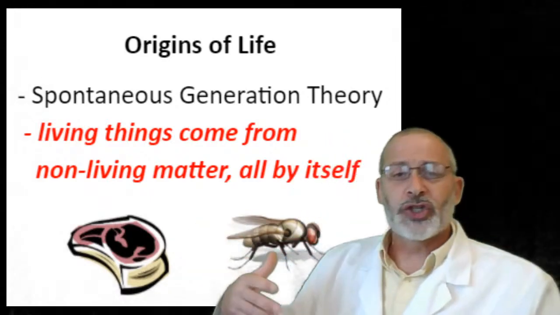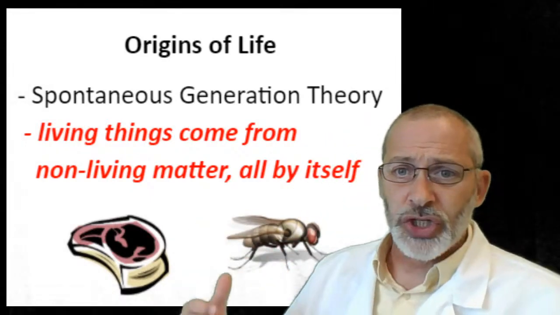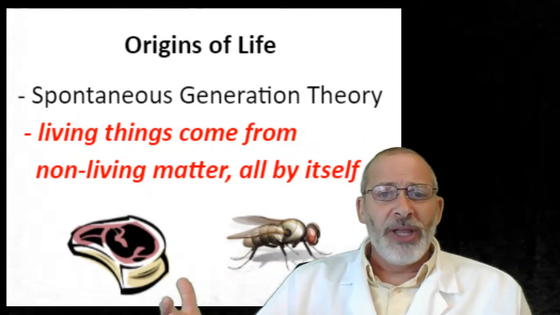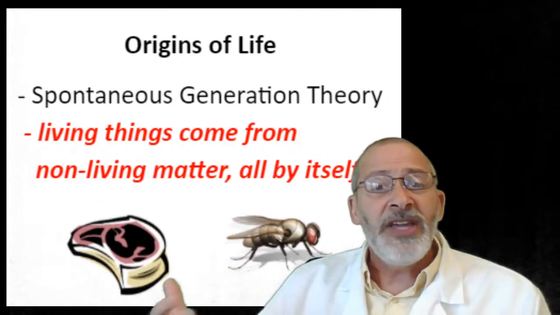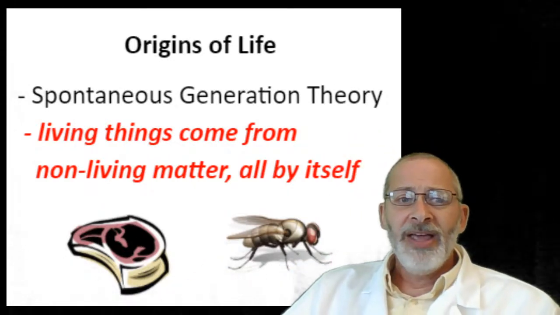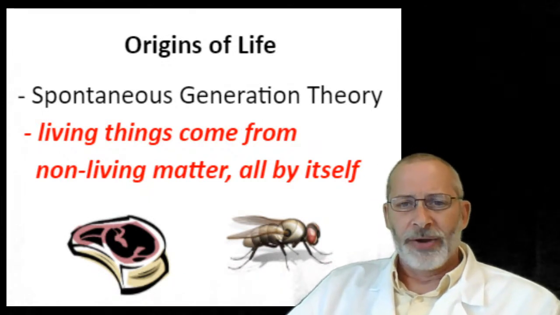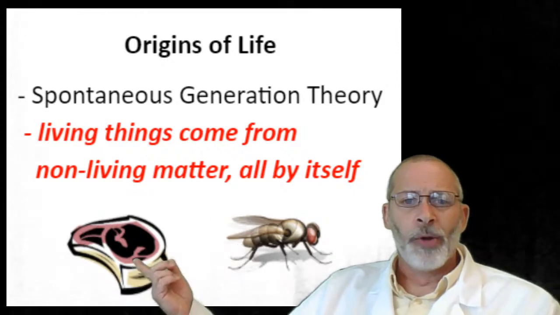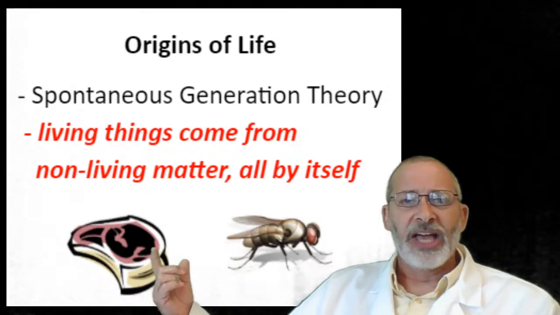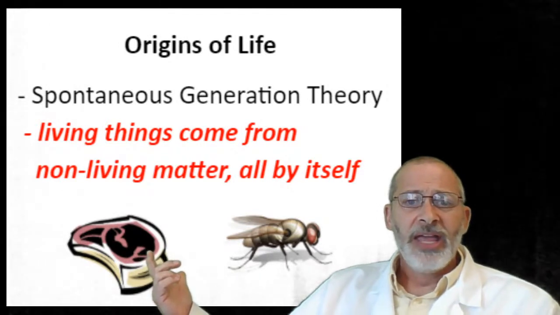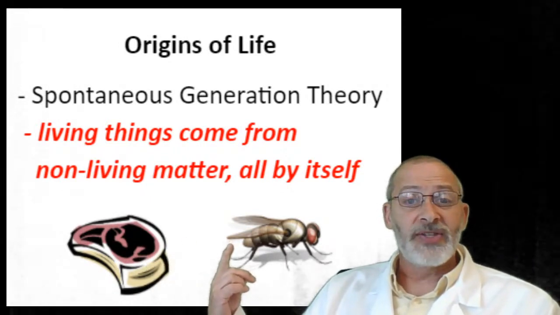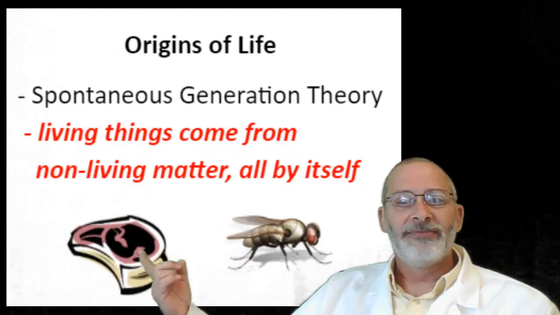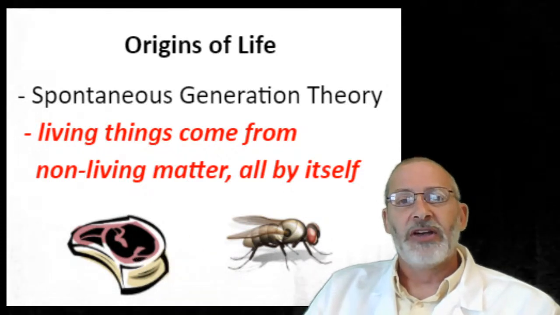And we can describe the spontaneous generation theory as being explained as that living things come from non-living matter all by itself. So imagine for a moment a rotting piece of flesh, a piece of meat just laying there, and flies spontaneously being generated by that non-living piece of matter.